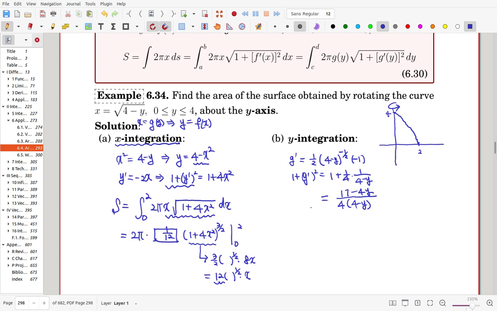So we have, from this one, now the surface integral must be from 0 to, now we are working on y integration. y is moving from 0 to 4, and yet the radius must be x, so here 2 pi, and now, because we have to get y integration, x must be replaced by that quantity, and that is the square root of 4 minus y.